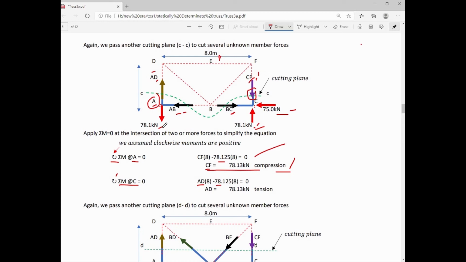And 78.1, that's the reaction at point A, multiplied by its moment arm, that is also equal to 8 meters, is negative since that is a counterclockwise moment with respect to point C. And from that equation, we can solve for AD, that is equal to 78.13 kilonewton. Our assumption that AD's tension was correct because 78.13 came out to be positive.